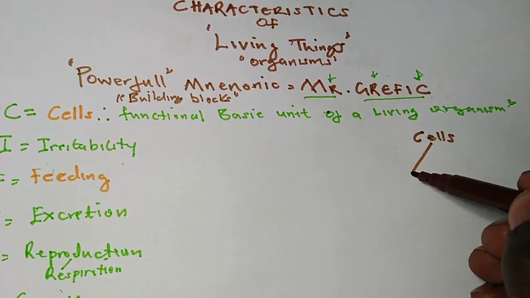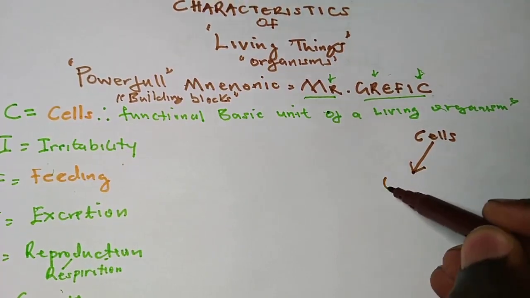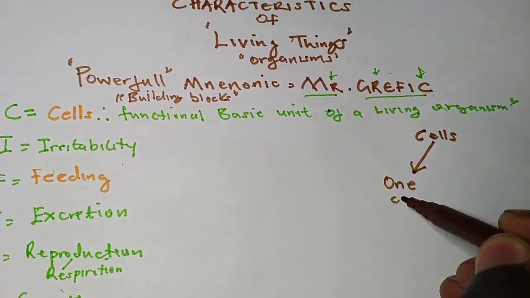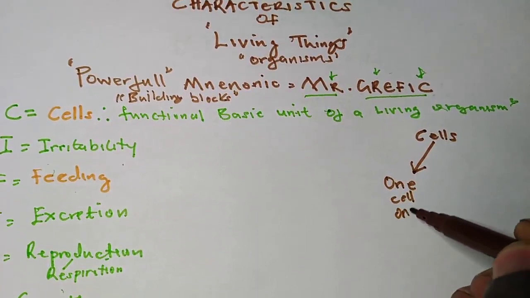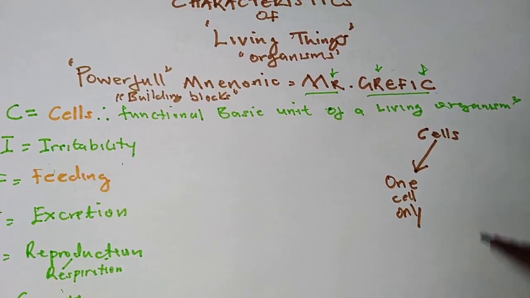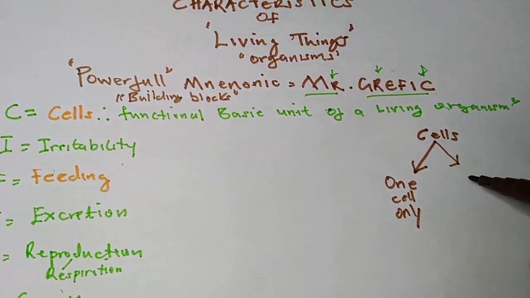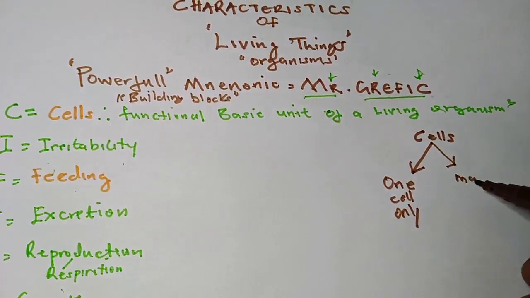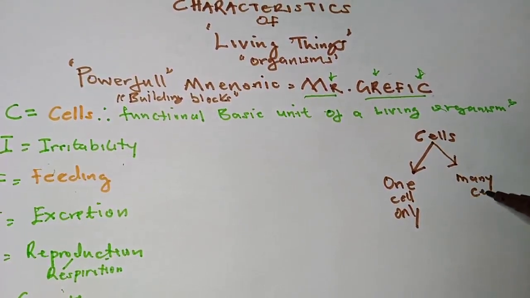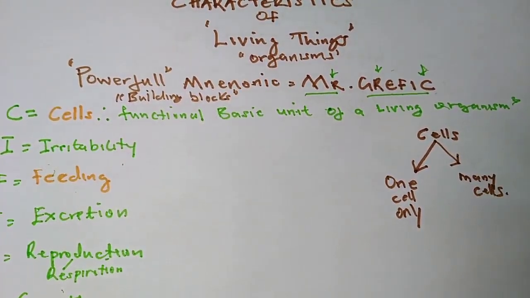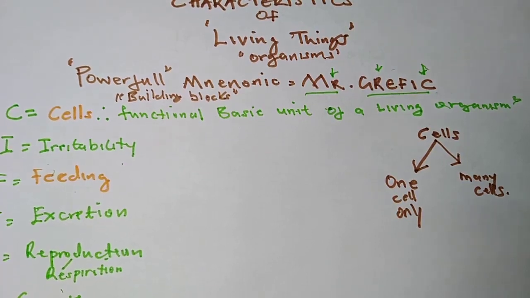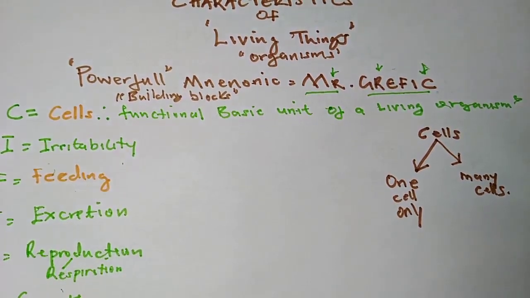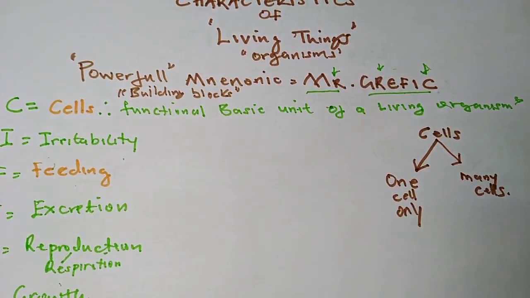There are organisms that may have only one cell, and others have more than one cell, so we'll just say many cells. Those organisms with only one cell, we call them unicellular organisms.